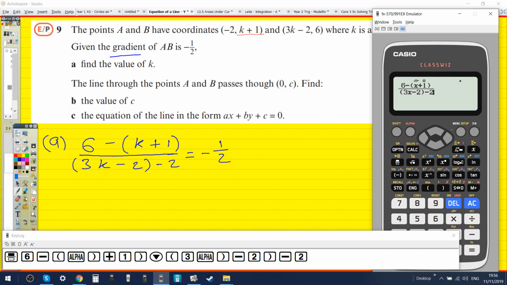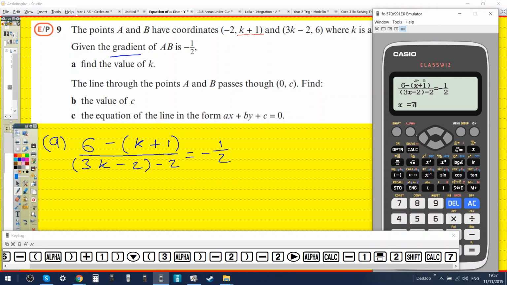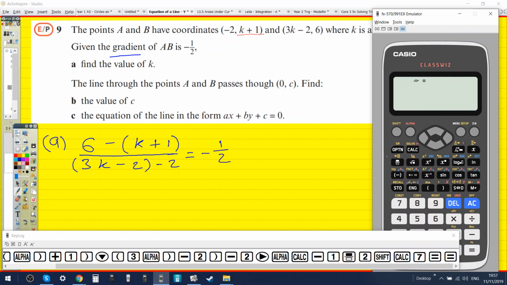I got K is minus 6. That equals minus a half, shift solve. Lucky 7. Roll the dice. K is minus 6? Yeah. Yeah, great. I'm happy there.